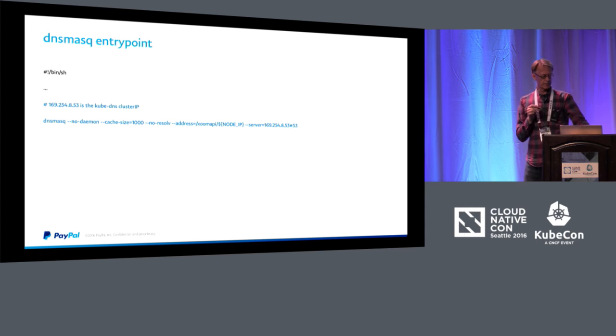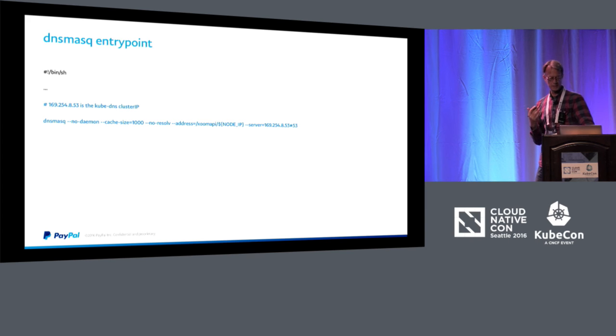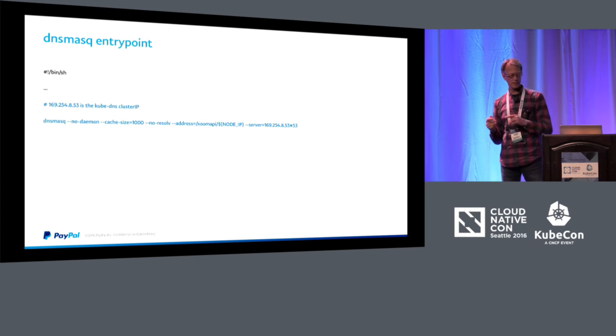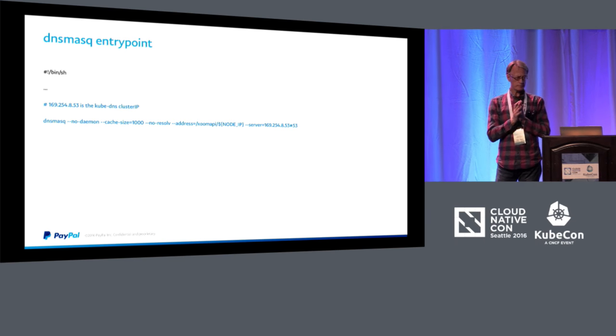In order to get the node IP address here for DNS mask, if you're familiar with DNS mask and how it's configured, this --address flag says, for any requests on the domain Zoom API, return the node IP. I acquire the node IP just above this line by parsing the output of ifconfig on eth0. That's how I come up with my node IP.